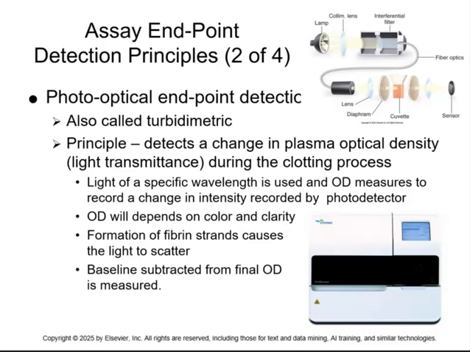So it's looking at what they call the optical density, the OD. So it records it. So it looks at the clarity of it. So when fibrin strands are formed, the clarity is different. The light gets scattered, so therefore it stops. So that's the Sysmex, the coag analyzer Sysmex makes. They use photo-optical.